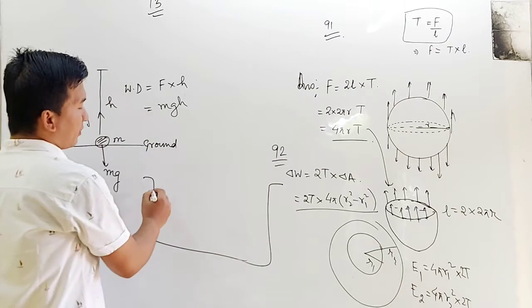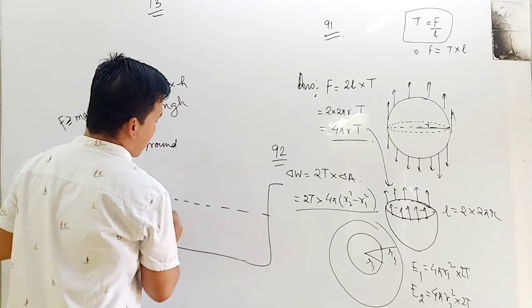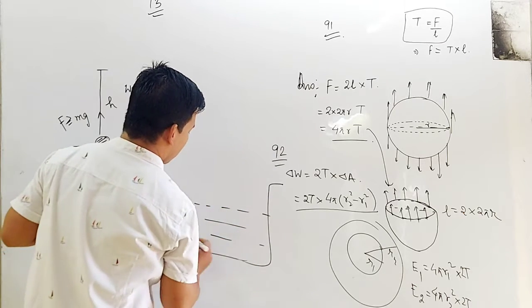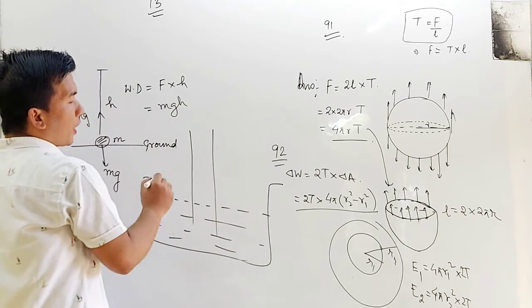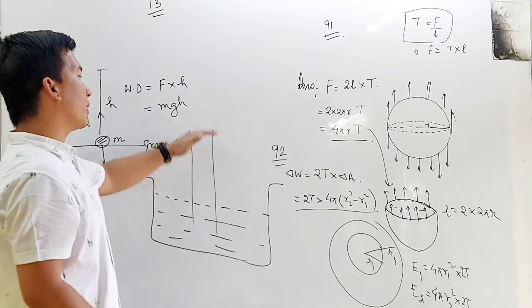This is your vessel. This is the water surface. Why is there a rise in the capillary tube?